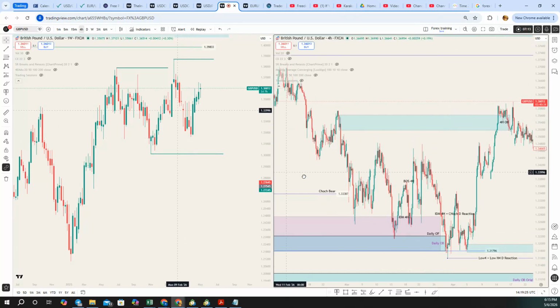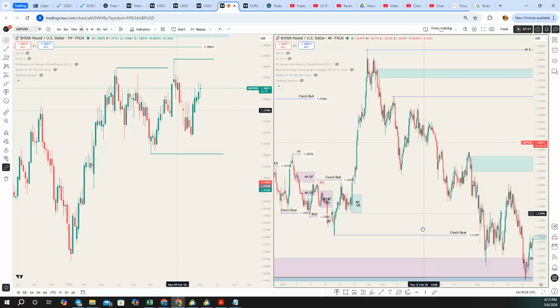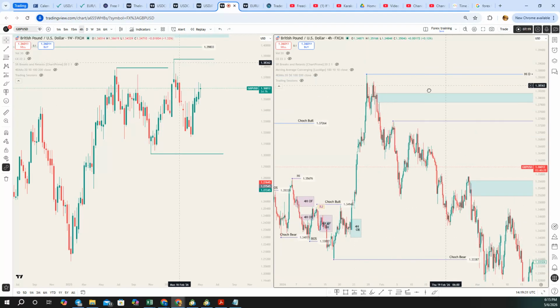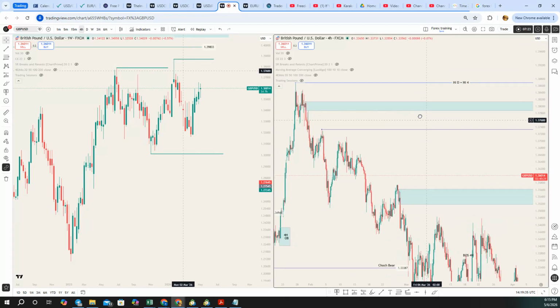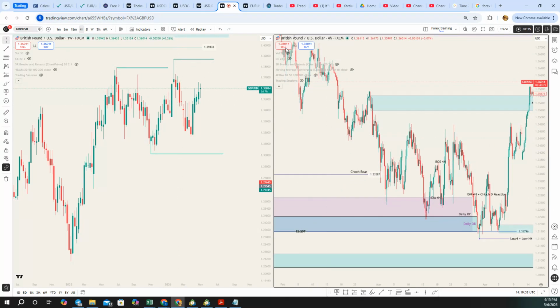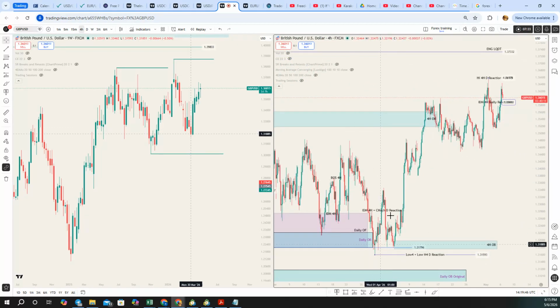But where is the high here? Because we have a change of character here, this becomes the high of the range shared with the daily high of the range. So now we have a bearish structure on the 4 hour, but we have a bullish structure reacting from a daily POI, meaning that the daily structure is bullish.